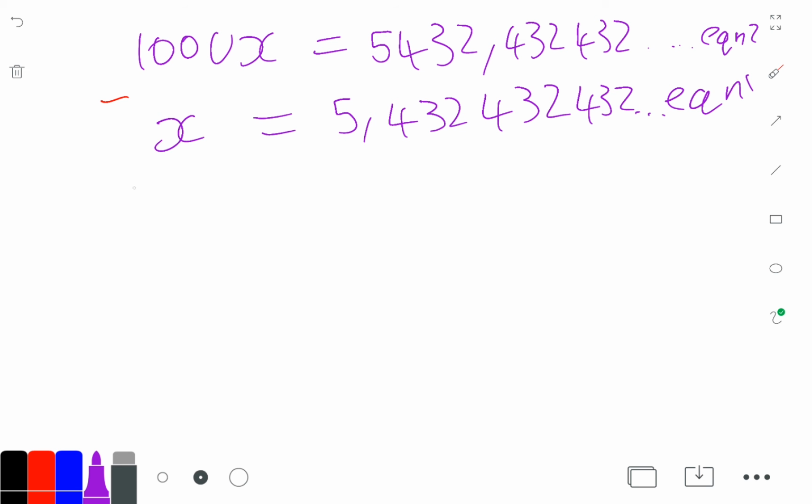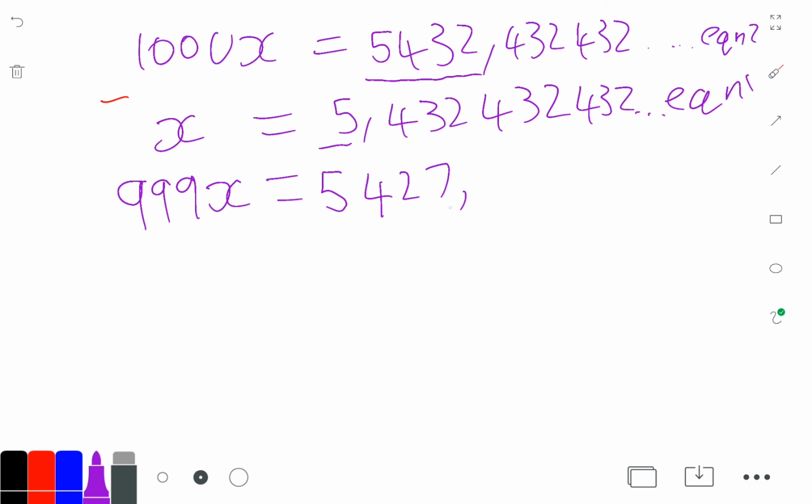Well, that will give us 999x, which equals, what is 5,432 minus 5? And that gives us 5,427, comma. Now you know that everything else after the comma will cancel. For example, the 4 will cancel with 4, 3 with 3, 2 with 2, and so on. The decimal will be 0, but we don't have to write the 0, so we will remove it.